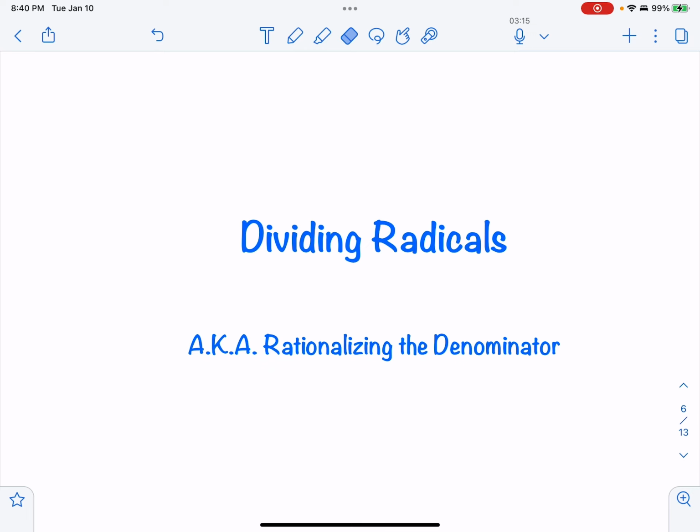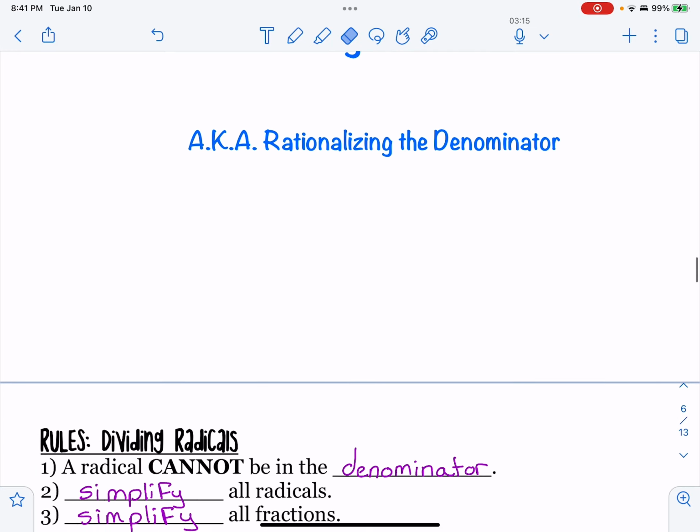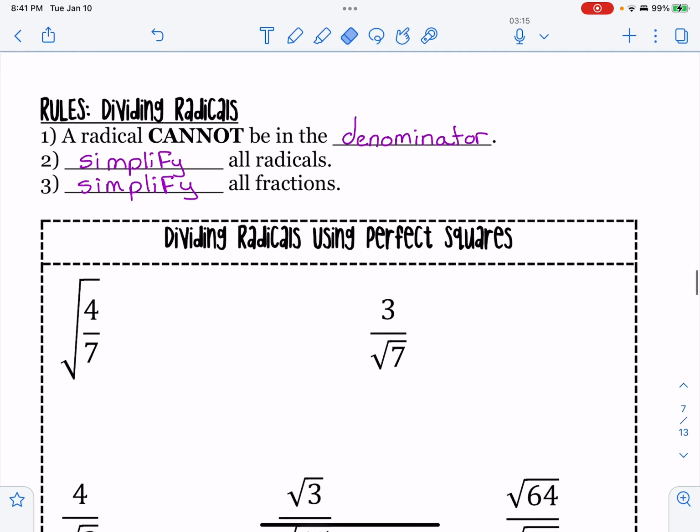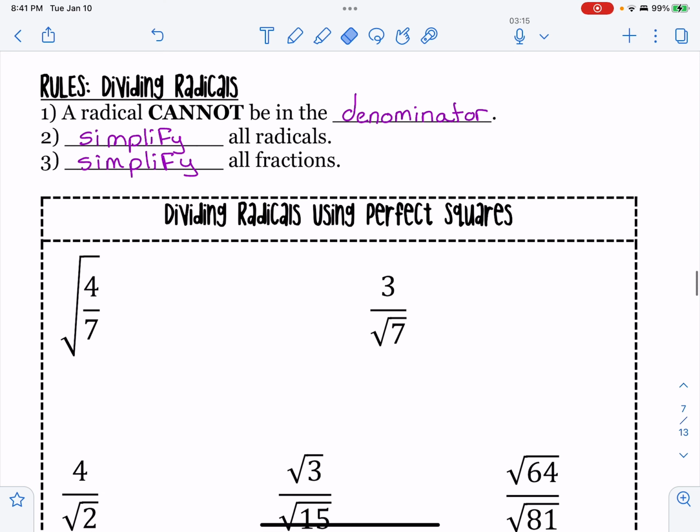Next up, dividing radicals, otherwise known as rationalizing the denominator. So when we have a radical within a fraction, we cannot have a radical symbol in the denominator.